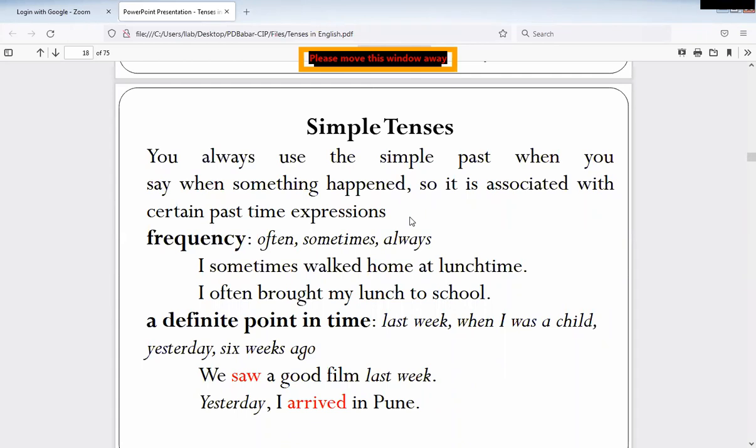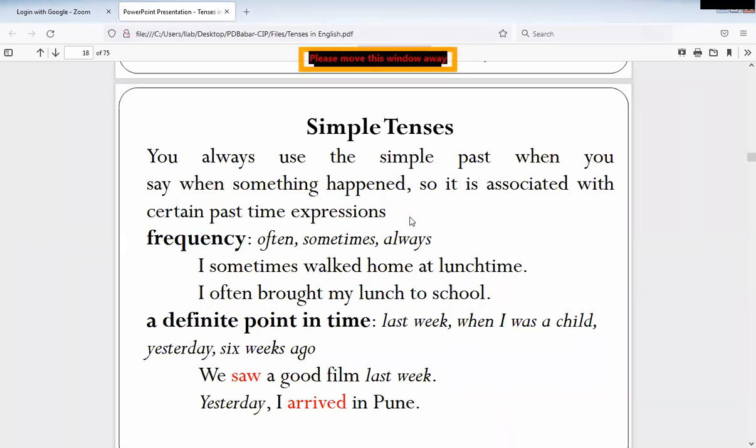These are the definite points in time. At that particular time, at that definite point, that action has happened in the past, and that's why in simple past tense, these are the indicators.